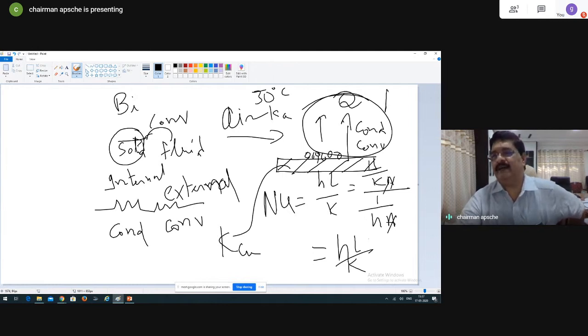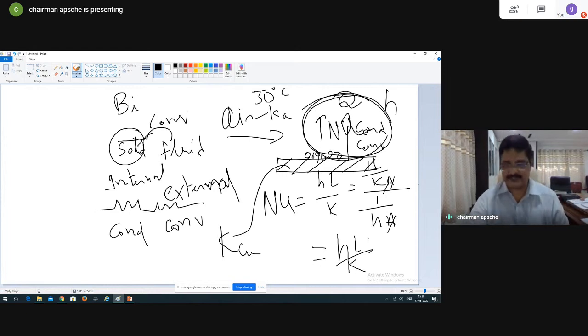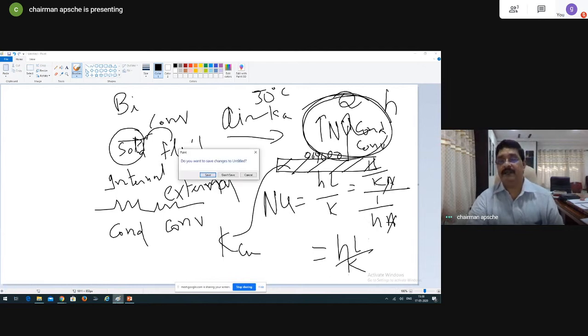Now, h is here, whether you estimate it or it's given in the problem, and what k do you substitute, because it is given two k values, one that of the solid, one that of the fluid. Please remember, Nusselt's number exclusively belongs to the fluid. Any property that you use in this Nusselt's number equation is that of the fluid.